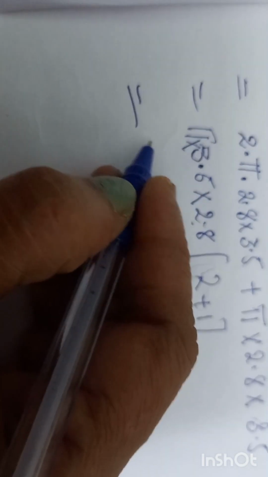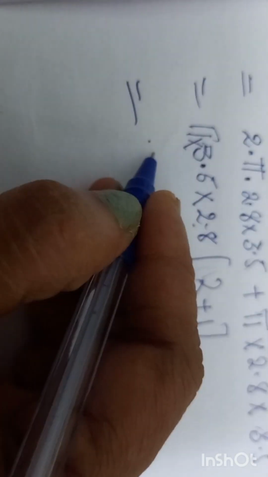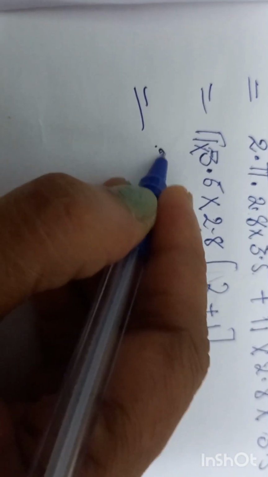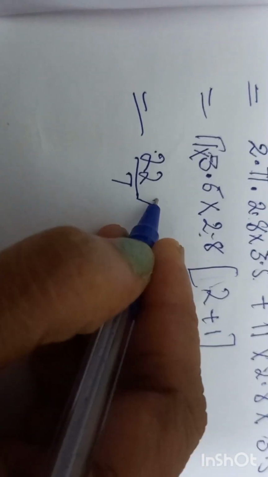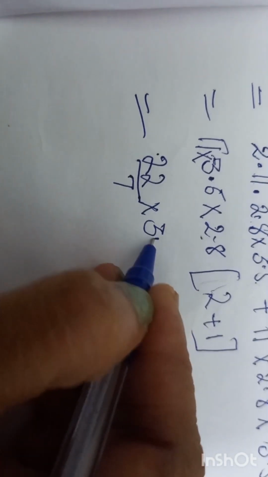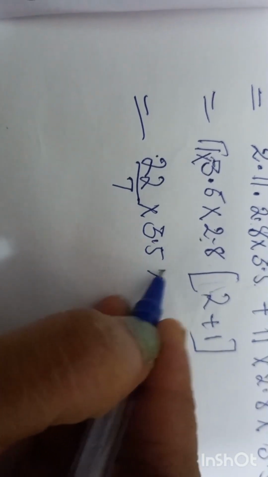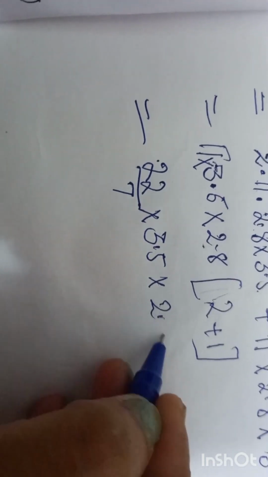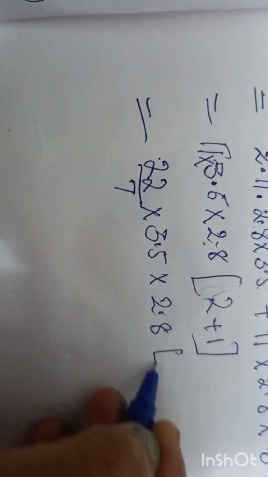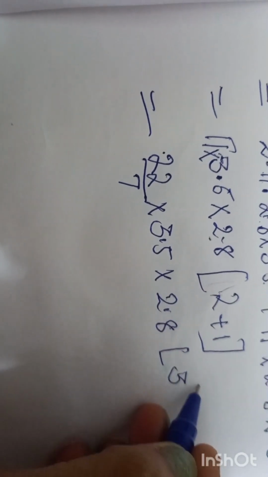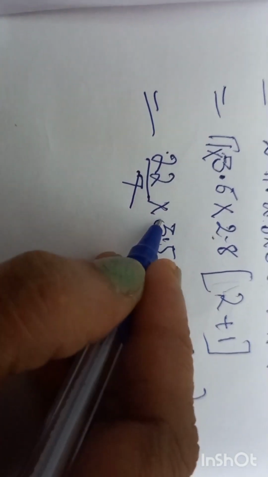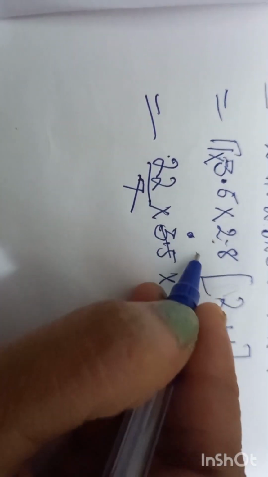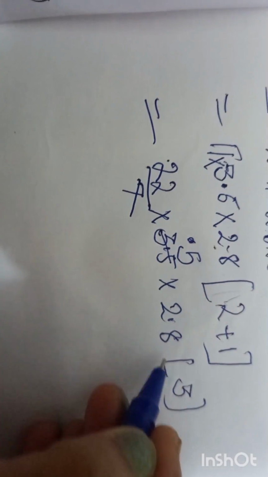Which is equal to pi. What is the value of pi? Is equal to 22/7 into 3.5 into 2.8 into bracket 3, which is equal to 7 5s are 0.5 into 2.8.